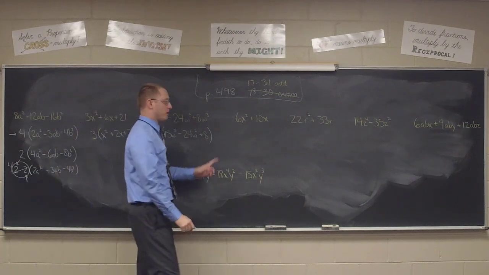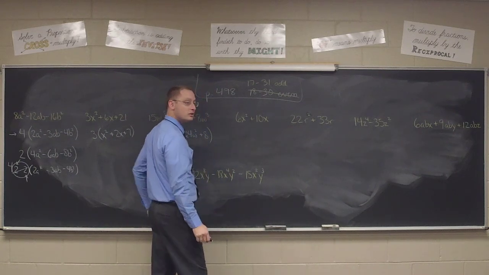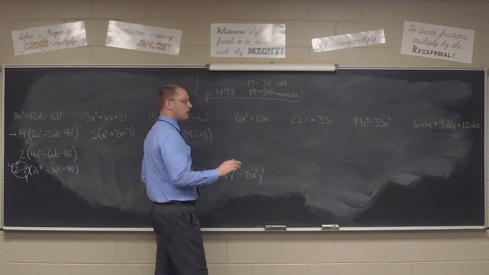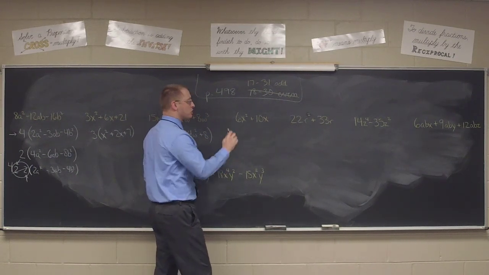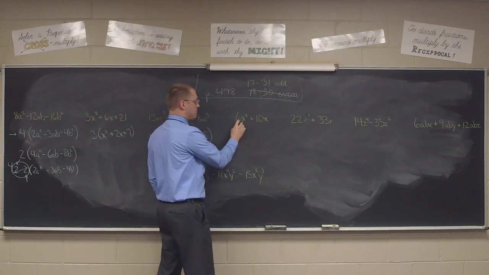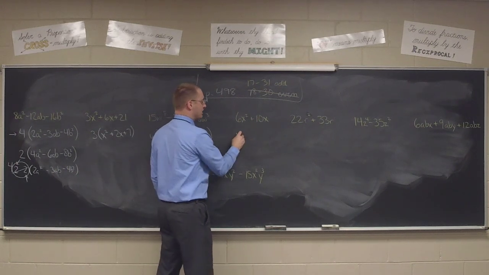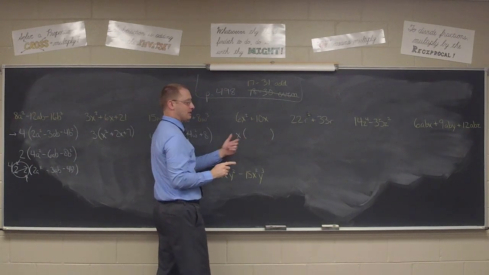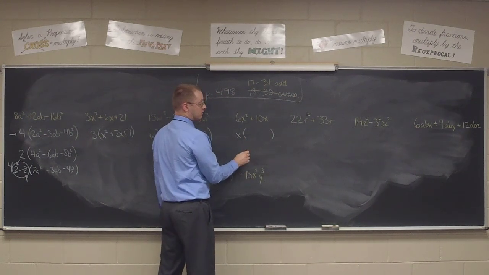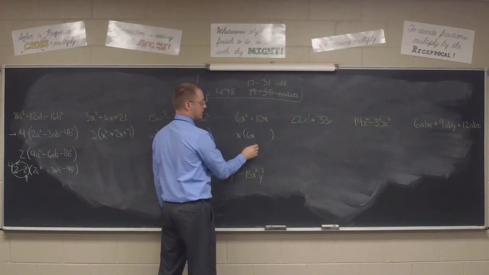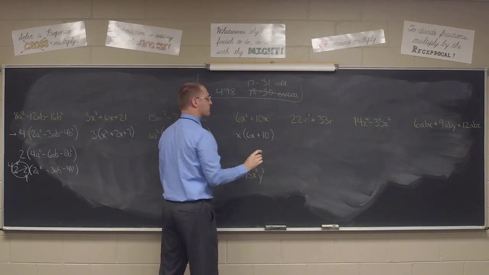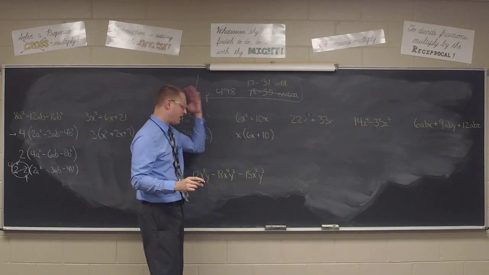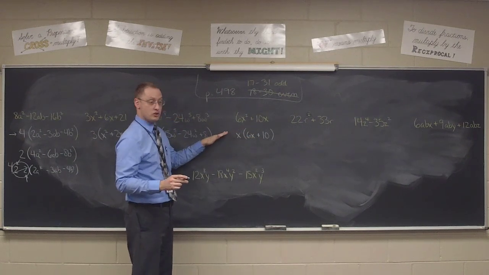Lana, on the next one, what did you pull out? 2x. Let's suppose, Lana, that you saw the x, but for some reason you forgot to check for the number, and so you just said x is common. What would be left if all you did was pull an x out? 6x positive 10. And suppose as you wrote it, it suddenly dawned on you, there's a 2. Do we have to erase and start over?